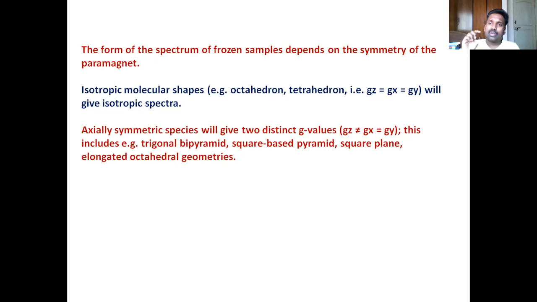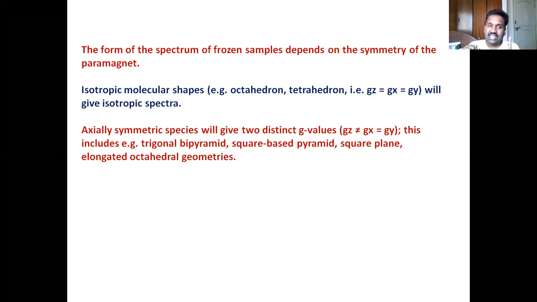Okay. So now you have prepared the axially symmetric complex. Now you record the ESR of that, you will get two G values. Why? Because no longer are your Gx, Gy, Gz equivalent. The electron's magnetic moment interacts differentially with respect to different orientations.